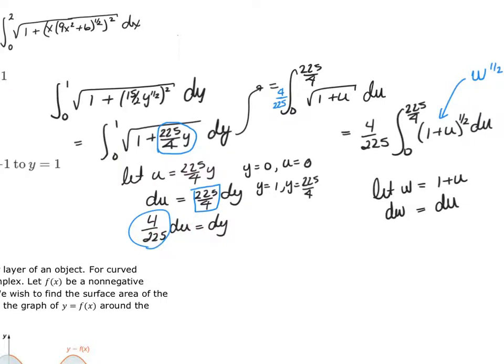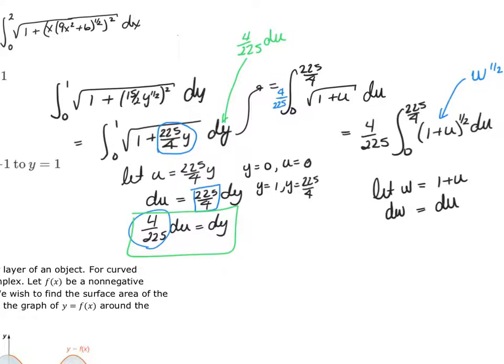So then when I do this replacement for dy, this replacement here for dy has to be replaced with 4 over 225 du, because that's the replacement right here.